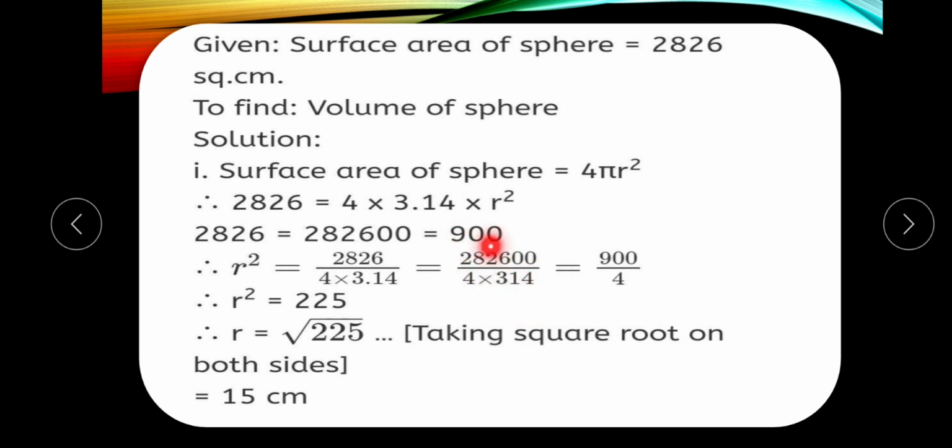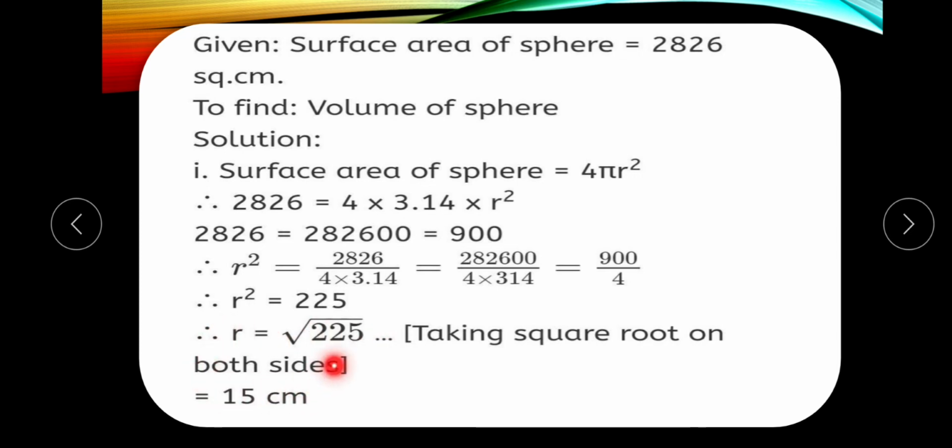When you solve this, you will get 900 upon 4. Further reducing it, you will get r square as 225. Taking the square root from both sides, we get r is equal to 15. That is, the radius is 15 centimeter.